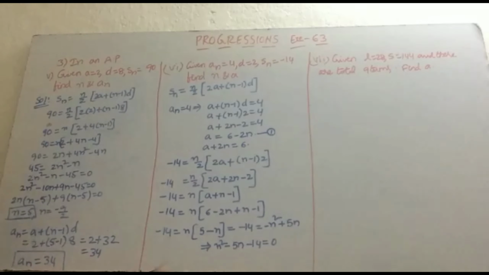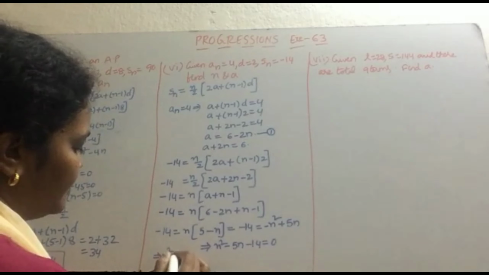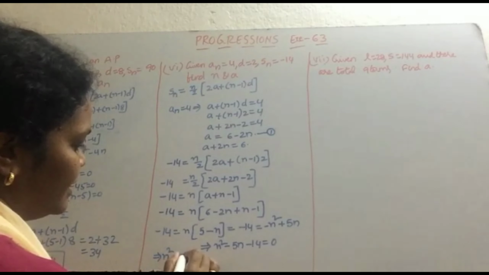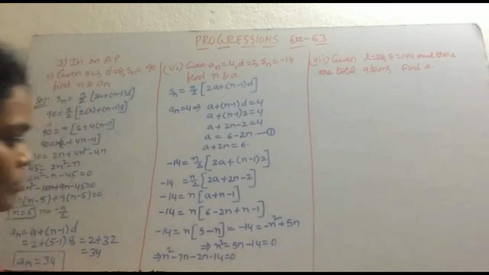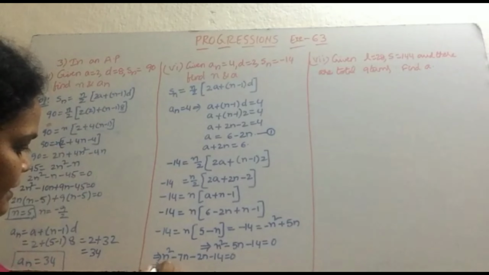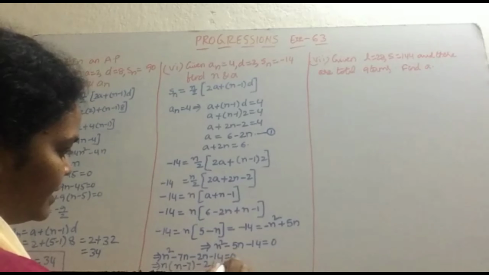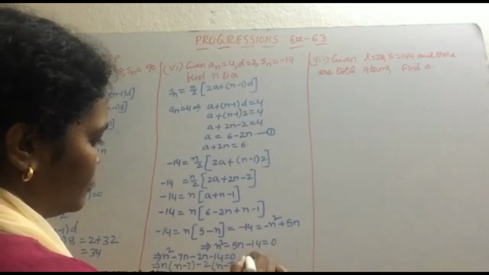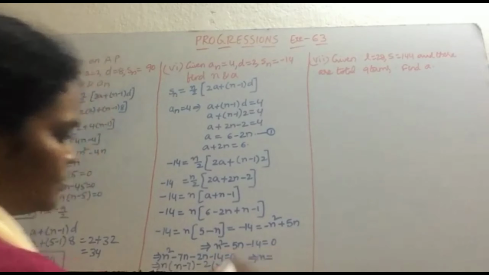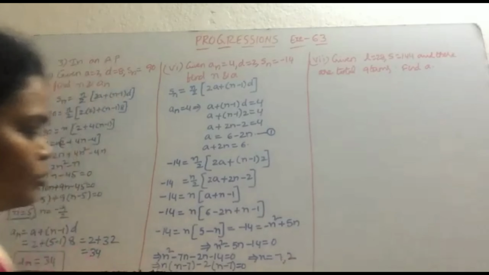Now we will find the roots. 7 2s are 14. So n square minus 7n plus 2n minus 14 equal to 0. So n into (n minus 7) plus 2 into (n minus 7). So n is equal to 7, minus 2.